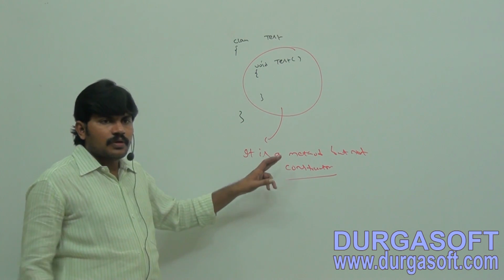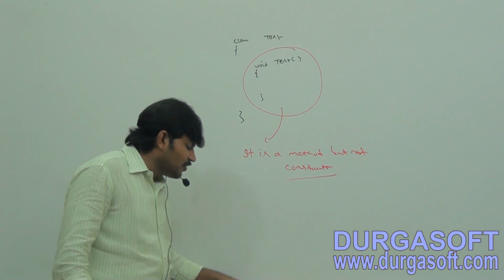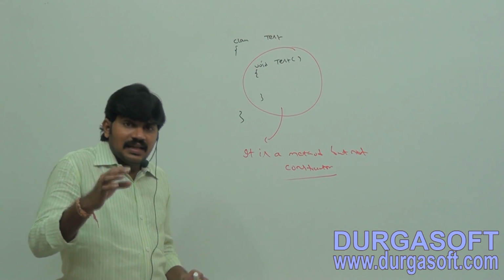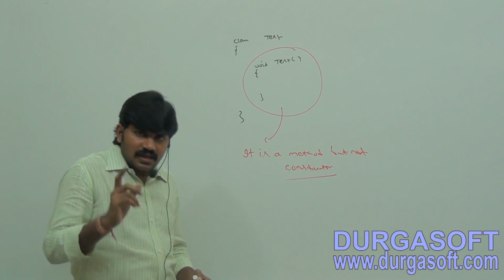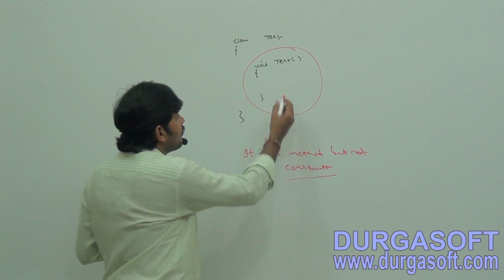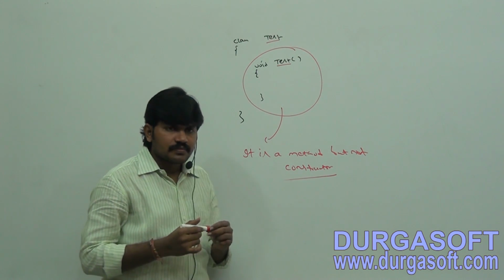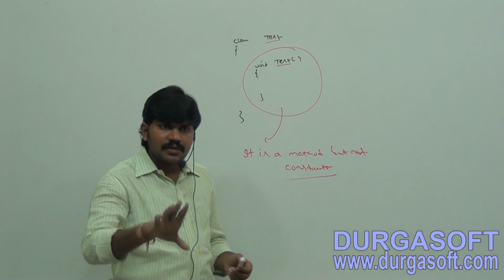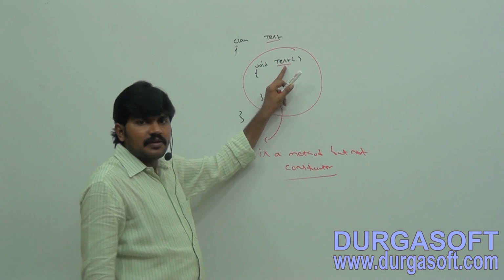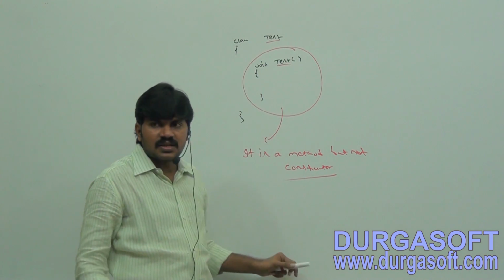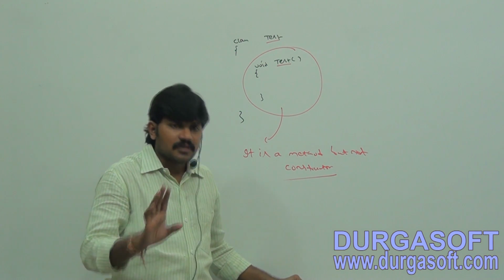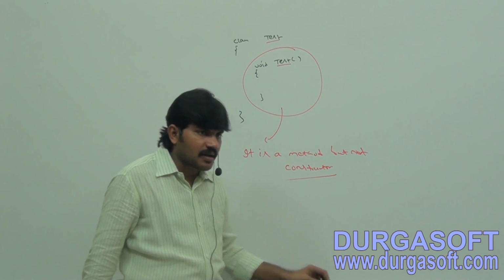Okay, so now I have one doubt. It is legal, listen to this one. It is legal to have a method whose name is exactly the same as the class name. Correct or not? Legal means valid. Yes. But is it recommended or not recommended?